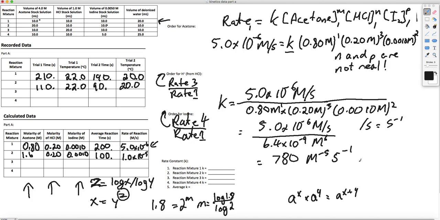And the way that I get the M to the negative 5 is by going M to the 1 divided by M to the 6th is equal to M to the 1 minus 6. So it's very similar to what we're doing over here, except with division, it's going to be subtraction and not addition. So that's how I end up with M to the negative 5 s to the negative 1 as my unit for K.